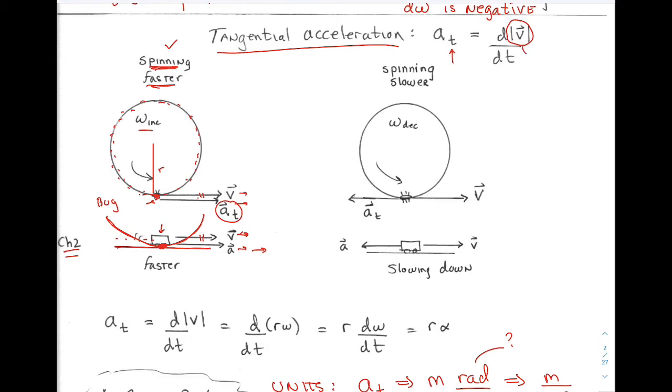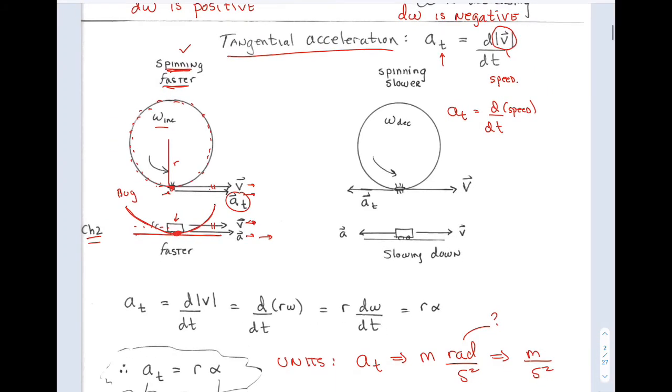The tangential acceleration is the time rate of change of the speed, the linear speed v. So it's d speed dt. In this case, the speed is increasing. I take a snapshot, and the acceleration points in the same direction as the velocity. That's why it's called a tangential acceleration. Over here, I have the same wheel rotating the same direction, but now the spin rate's decreasing. So the bug's going around in a circle.